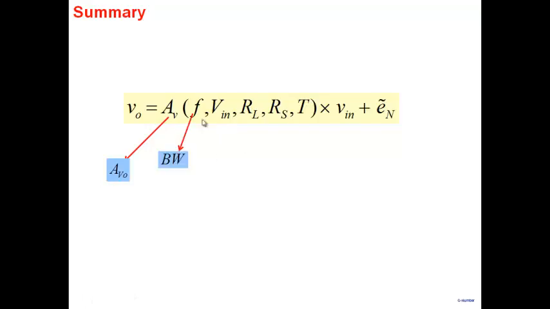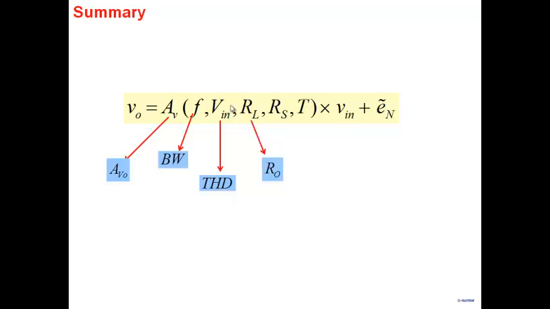The amplifier has a dependence on f, and we said that is specified by bandwidth. On the time side, it is specified by rise time, fall time, and all the other things. Its dependence on input voltage means the amplifier is nonlinear, and so we specify that in terms of harmonic distortion.